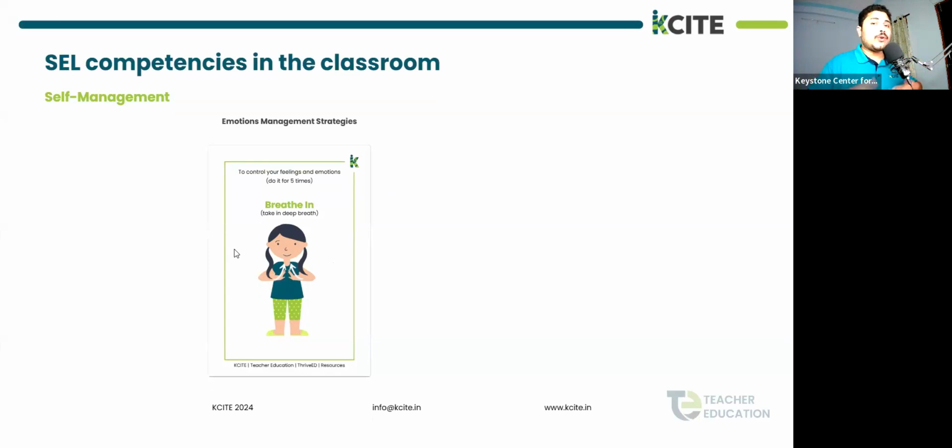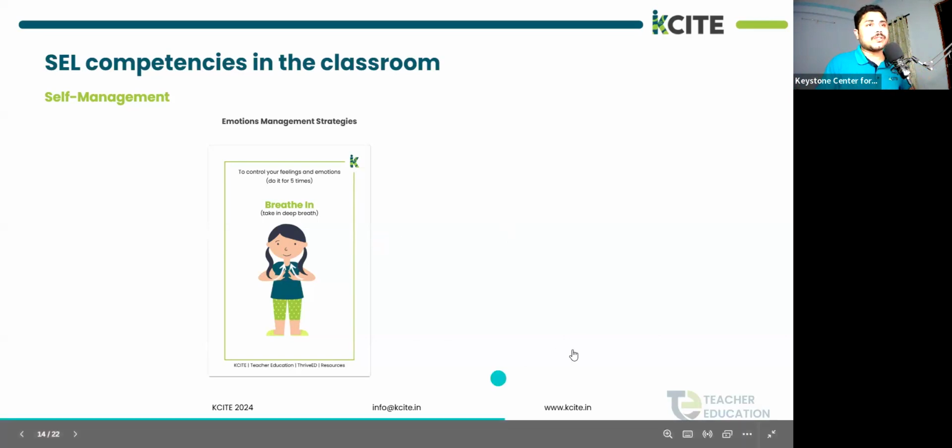So when you do this again and again, by default, learners will understand, if I'm angry, what do I have to do? The first thing, breathe in, breathe out. Do this again and again, and then their anger, their aggression, with whatever they're upset, everything will go down. So this is a very good strategy, which you can implement in your classroom, and your students over a period of time will get the habit of doing this. Okay. They'll know how to manage their emotions.